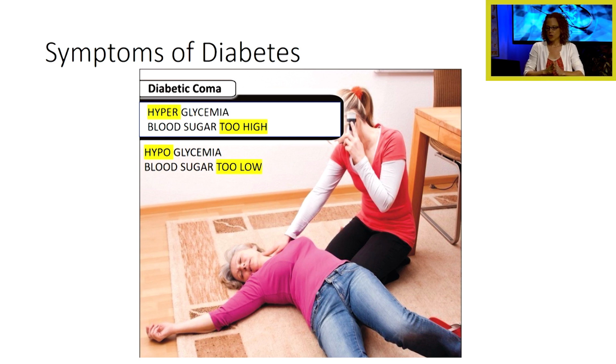If our blood sugar level becomes dangerously high or dangerously low, our patient is at risk for going unconscious. So if you ever come upon an individual who is unconscious, one of the first things you might want to do, in fact, I encourage you to do this absolutely 100%: check their blood sugar. Check their blood sugar, okay? We want to know, is it too high or is it too low?